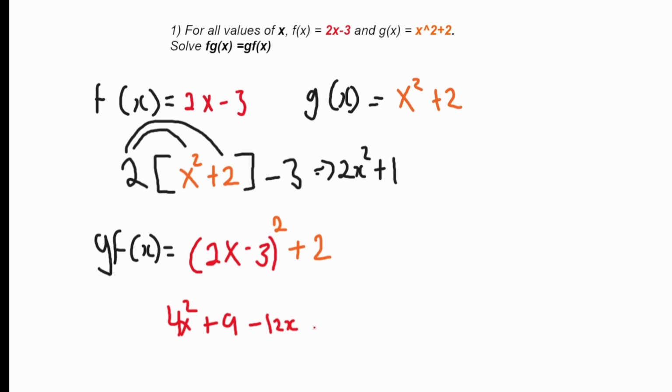And then you're going to add that on. 9 plus 2 is 11, so plus the 2. And you're going to get your final answer of 4x squared minus 12x plus 11.